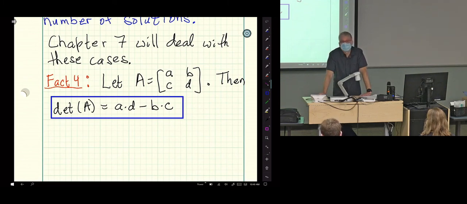Okay, so that's the path we are going to take in Rob 101. It's a more sophisticated approach to the determinant, but that's the one we are going to do. Okay, so this is the end of lecture for today.